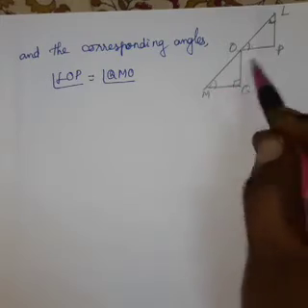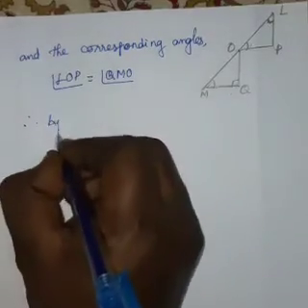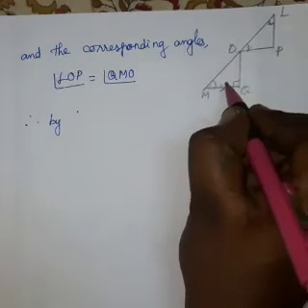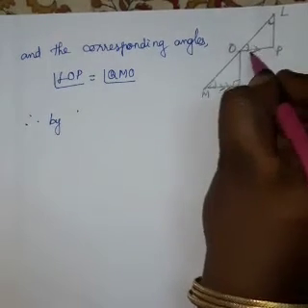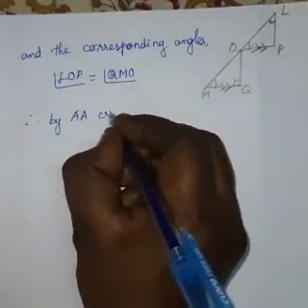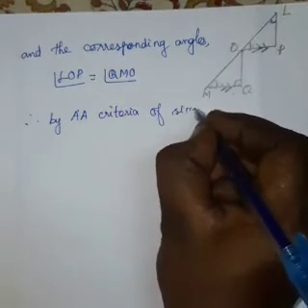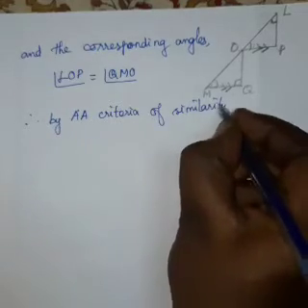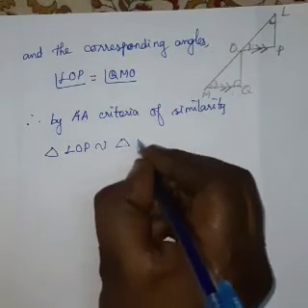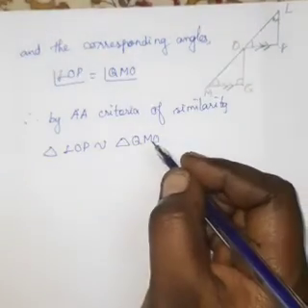We can say by AA criteria these two triangles are similar. Therefore, by AA criteria of similarity, for the parallel lines you can put this symbol also, triangle LOP is similar to triangle QMO.